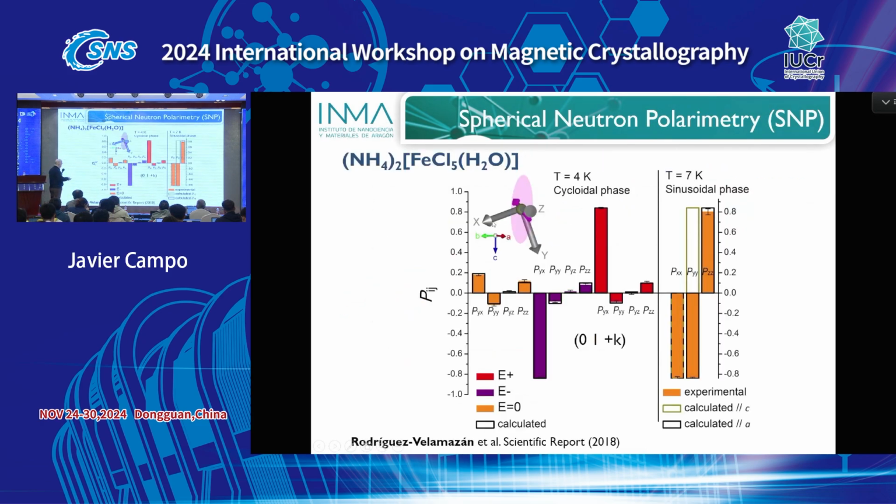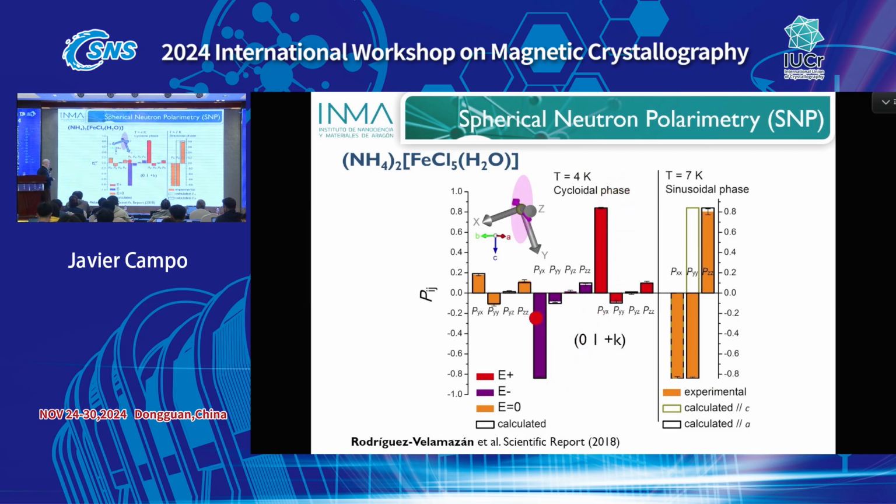The analysis of this is telling you that at 7 Kelvin, in the very narrow area, the system is ordering along the A direction. Because you can model it, and the ZZ, you can see here, the experiments in orange are in agreement with the magnetic moment sinusoidally ordered along A. And for zero electrical field, you can see there is nothing, but by increasing the electrical field, you can increase the Pyx in one case or in the other.